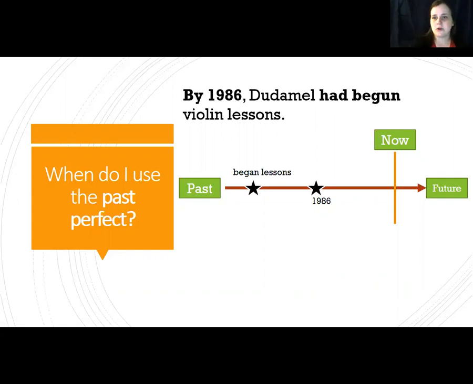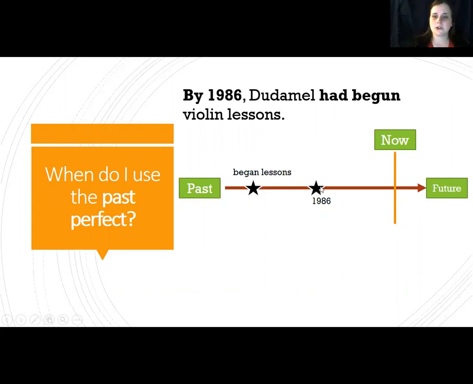By 1980, so let me talk about this chart real fast before I forget. This is a timeline. This represents the past, years and years ago, and this is the future. We're not really dealing with the future today. We're focusing on the past. And this is now.